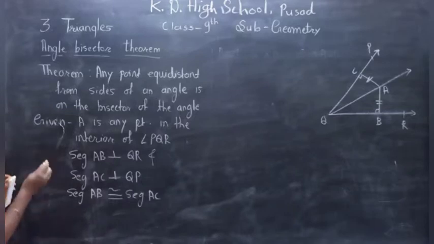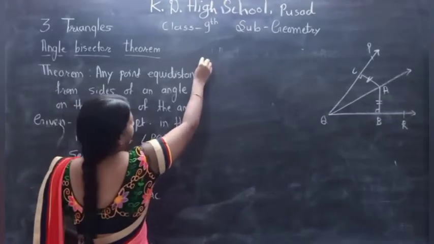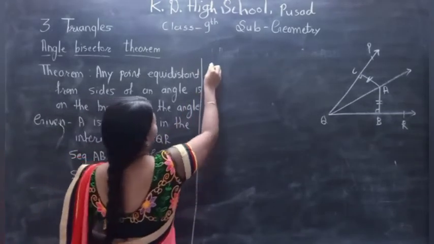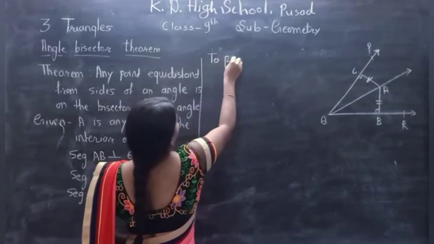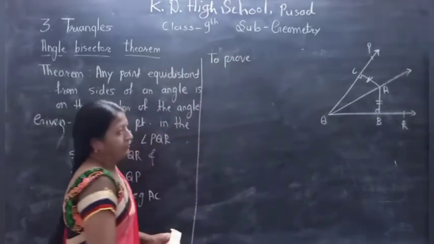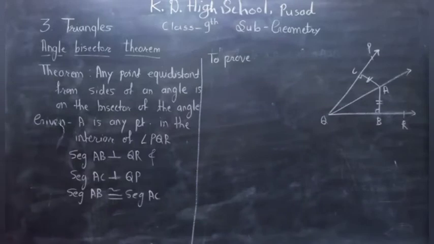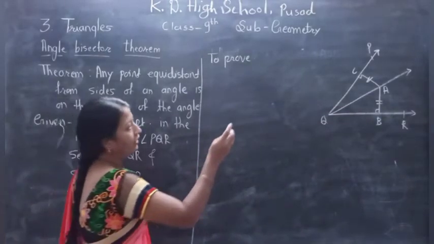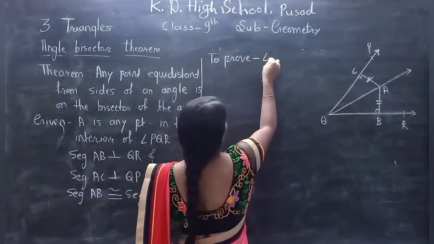Okay, now what do we have to prove? To prove, we have to prove that ray QA is the bisector of angle PQR.